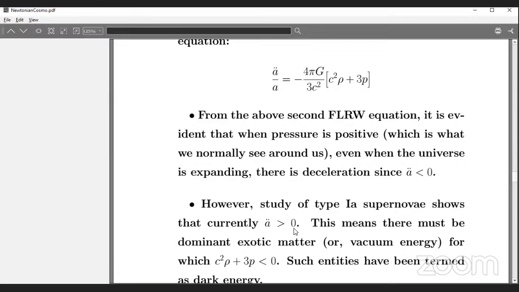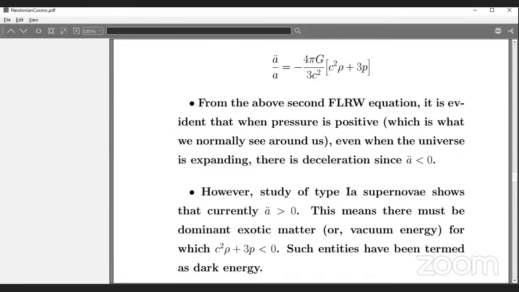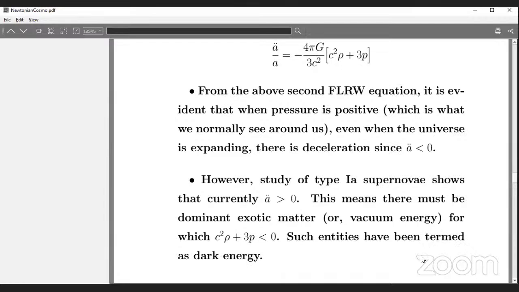Now that is very surprising, because we would expect that gravity, being attractive, should always give deceleration. After all, this second FLRW equation itself is showing that for normal matter, since pressure is positive and energy density is positive, A double dot is negative. But observations, if you indeed believe that the type 1a supernovae may be taken as standard candle, show that the universe has accelerated expansion in late times.